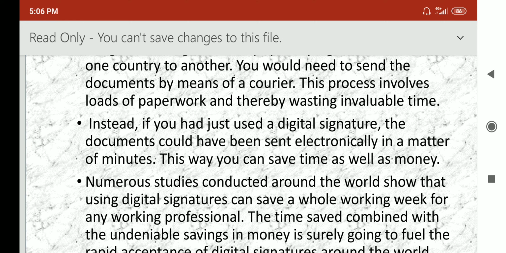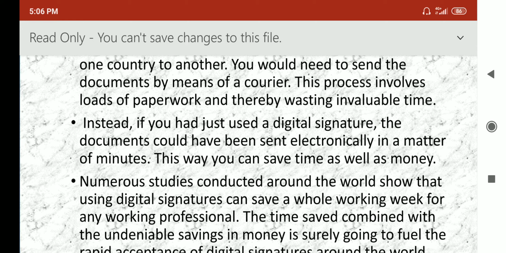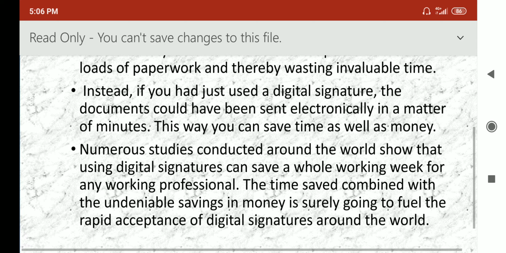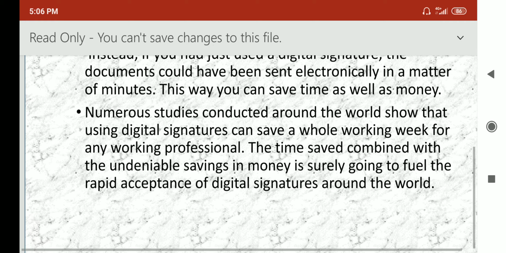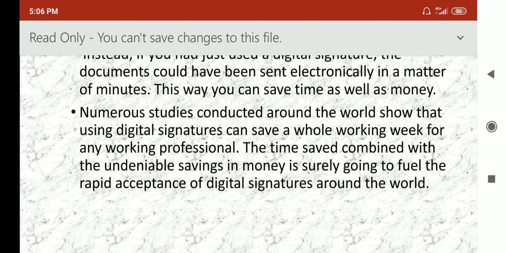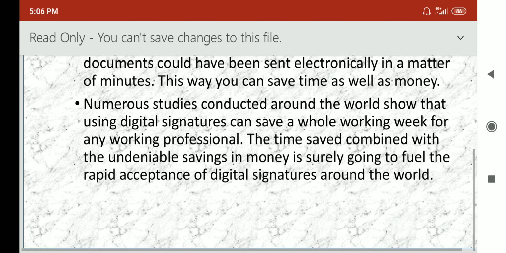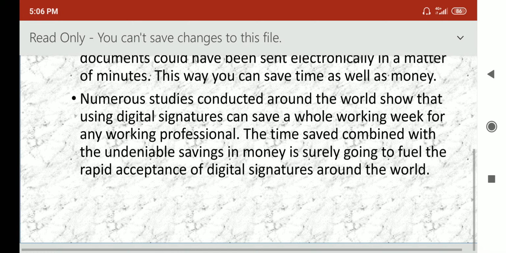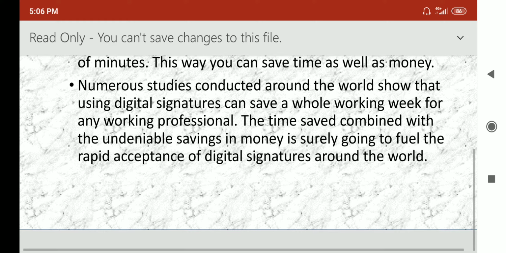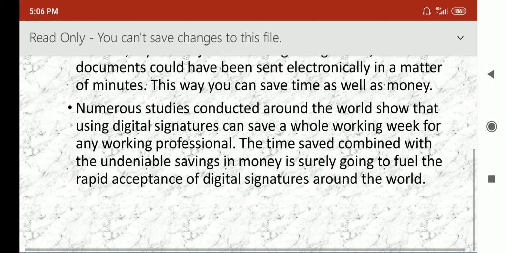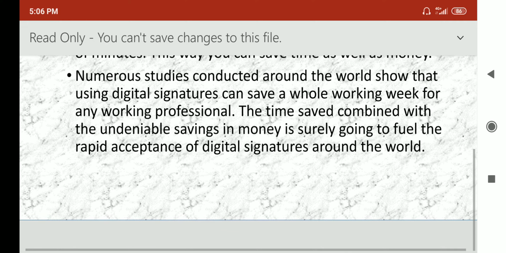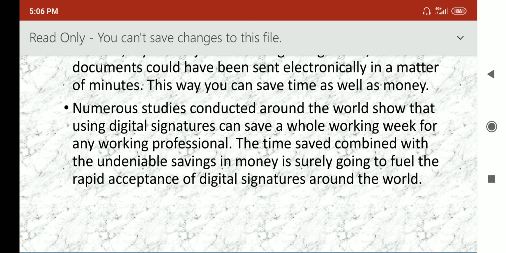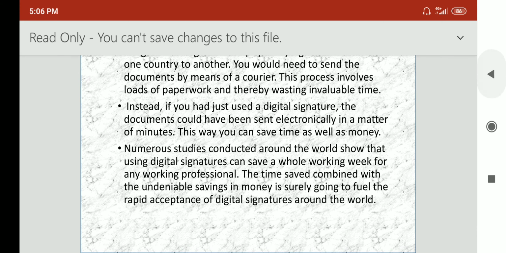In place of this, if you had just used a digital signature, the documents could have been sent electronically in a matter of minutes. This way you can save time as well as money. Numerous studies conducted around the world show that using a digital signature can save a whole working week for any working professional. The time saved combined with the undeniable savings in money is surely going to fuel the rapid acceptance of digital signature around the world.